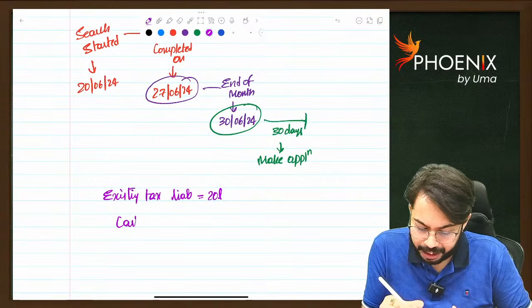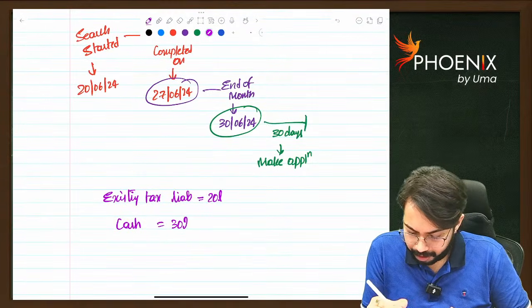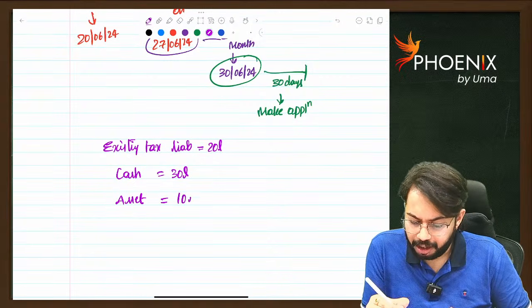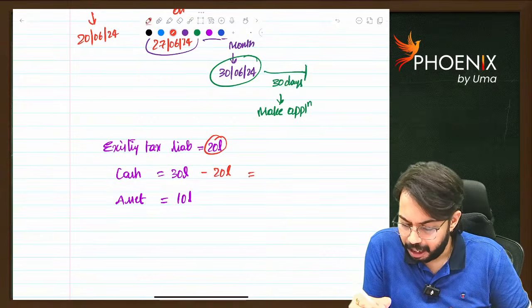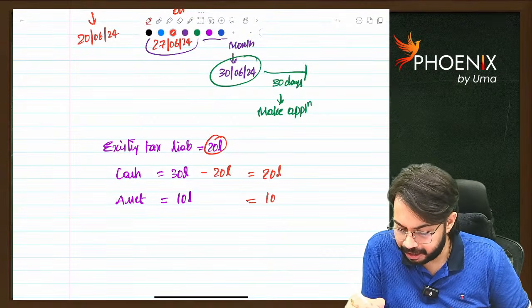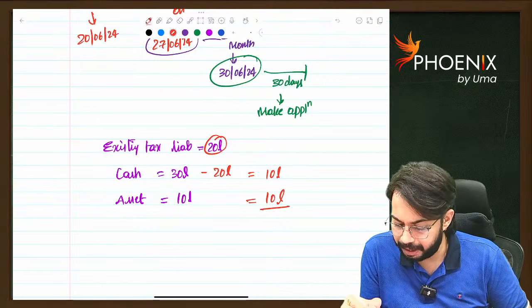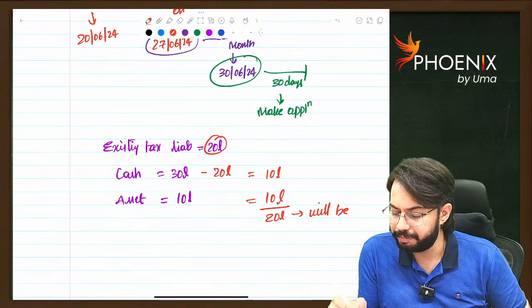Explained asset cash is 30 lakh rupees, asset is 10 lakh rupees. Department will adjust this liability 20 lakh rupees, balance 10 lakh rupees cash and asset 10 lakh rupees. Total 20 lakhs will be given to me. Are you able to understand?